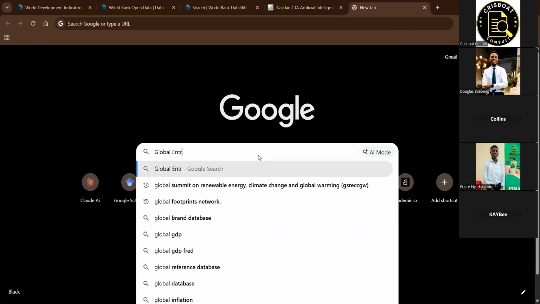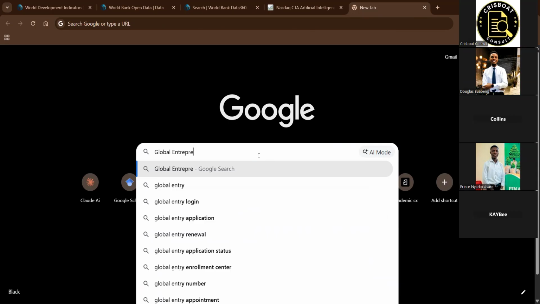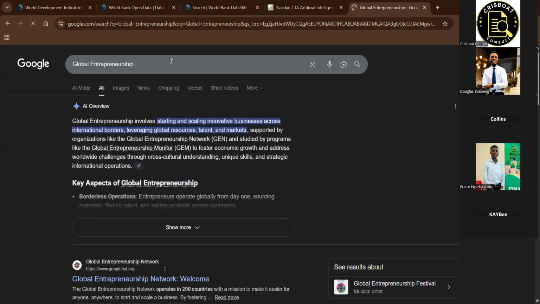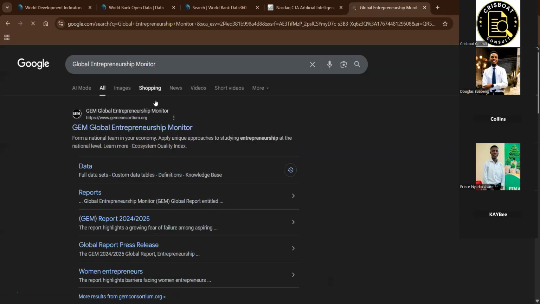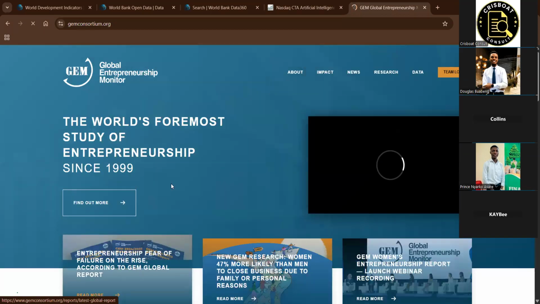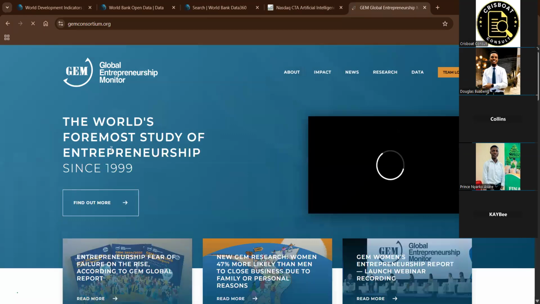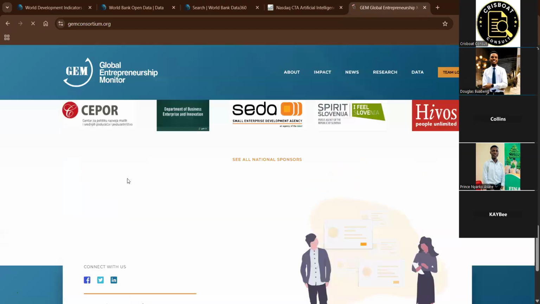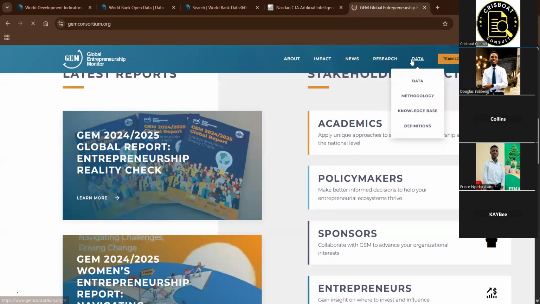So those who are into entrepreneurship, businesses, individual finances, the Global Entrepreneurship Monitor is also a good database for publication. So this is the website. The data is here. If you look at the top, you see that there's a data tab here.